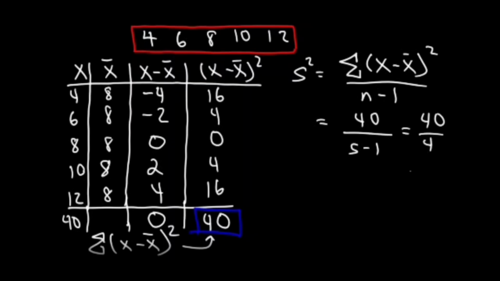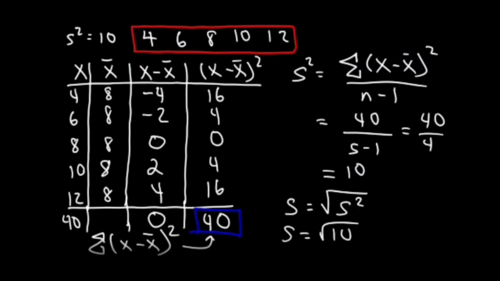So it's going to be 40 divided by 4, which is 10. So the variance is 10. Now our next step is to calculate the standard deviation, which is simply the square root of the variance. So it's going to be the square root of 10, which is approximately 3.16.